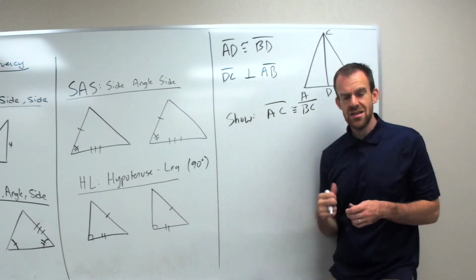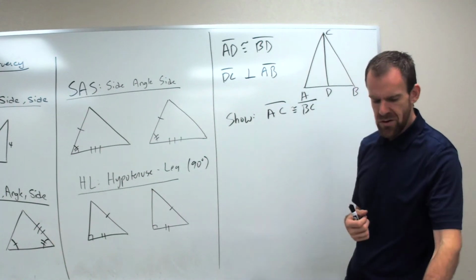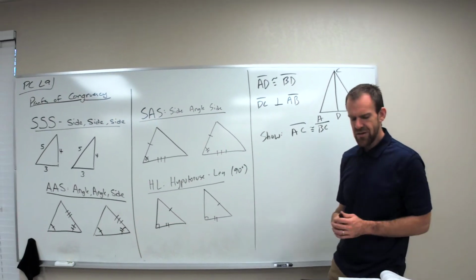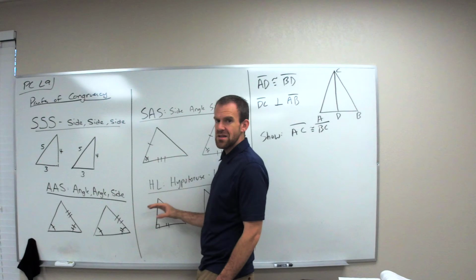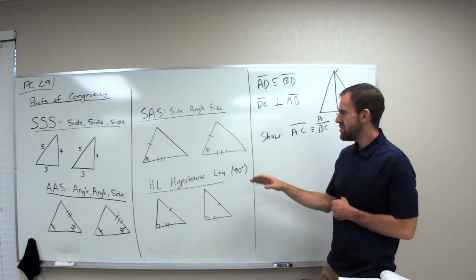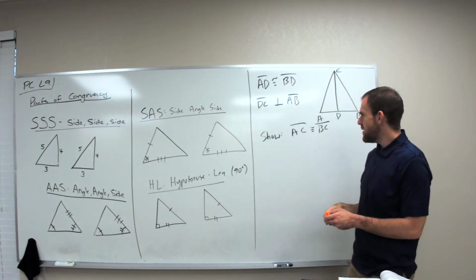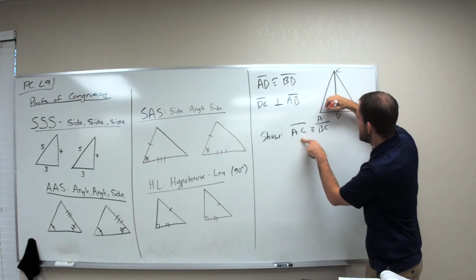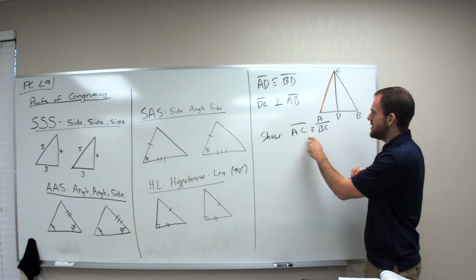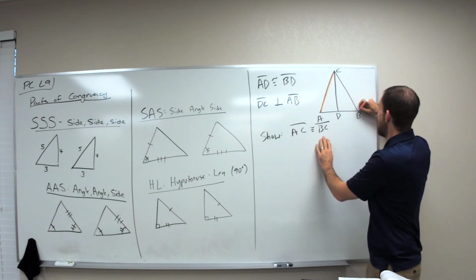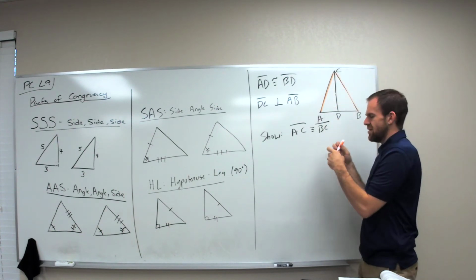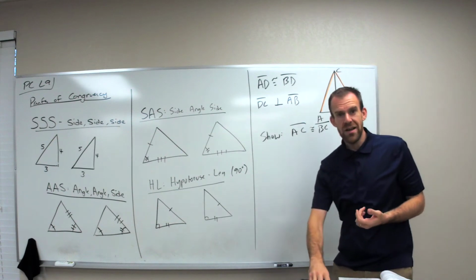Here's what I'm asking of you. For the purposes of this lesson, identify which of these four congruency postulates work and draw out the triangles as I've shown here. Since we are showing that AC is congruent to BC, I want to draw out the left triangle and the right triangle.